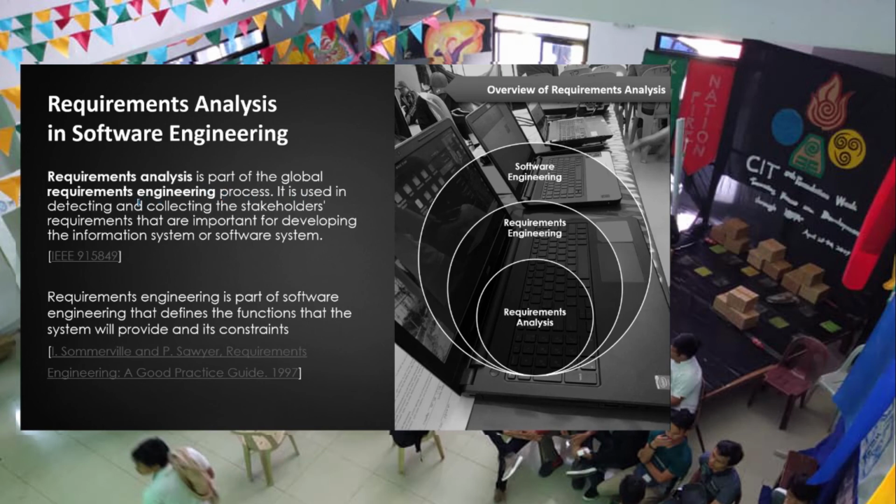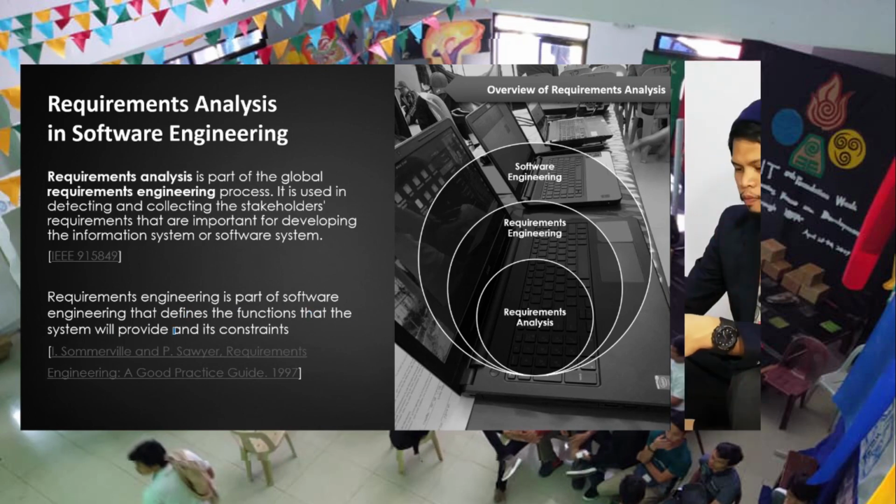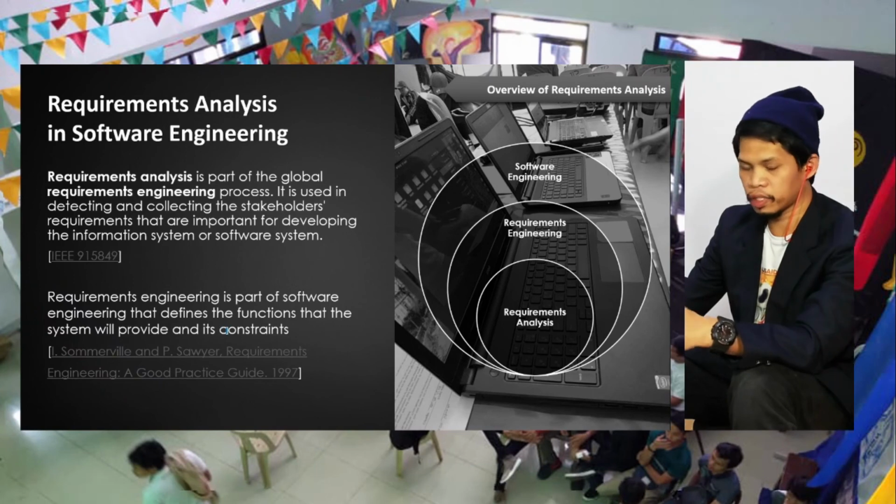It is used in detecting and collecting the stakeholders' requirements that are important for developing the information system or software system. Meaning, requirements analysis is part of requirements engineering, and requirements engineering is part of software engineering that defines the function that the system will provide and its constraints.